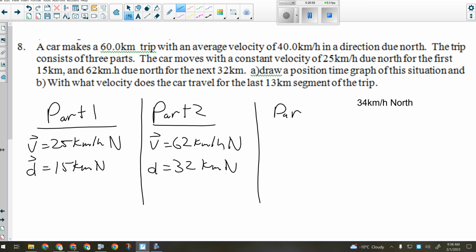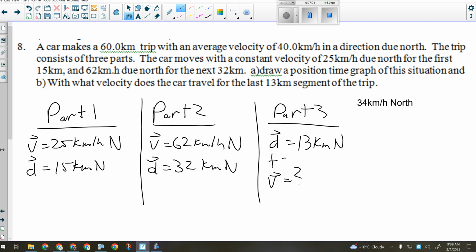So part 3, we at least know how far it is. Okay, if I'm going to find the velocity in this part of the trip, what do I not know? The time, yeah. I need the time for part 3.